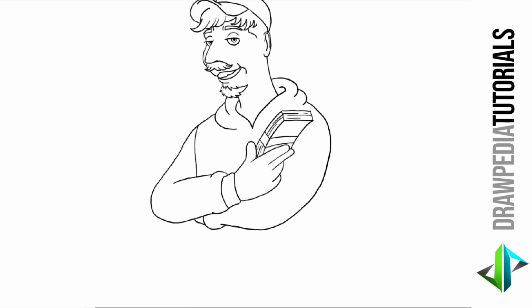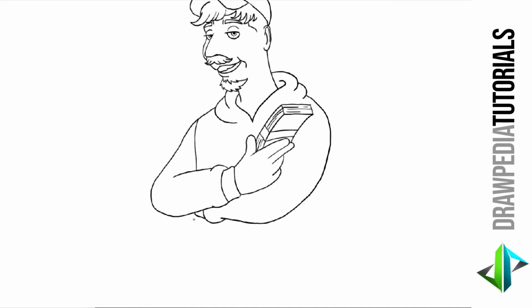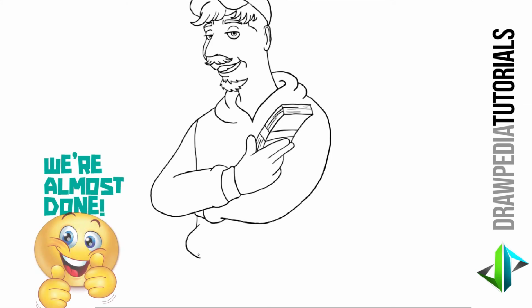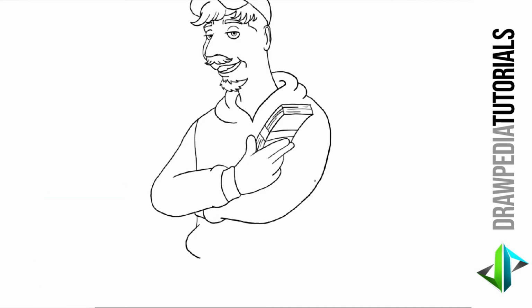Below the arms, I'm gonna continue the line of the sweatshirt on the left side. I'm gonna draw a curved line below that outwards and turn it back inwards. And on the right side, a curved line below the arms right there, and we're gonna draw a curved line again at this corner. I'm gonna draw some more stack of money on this corner right here.